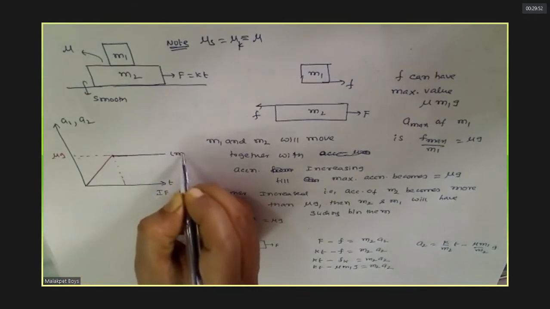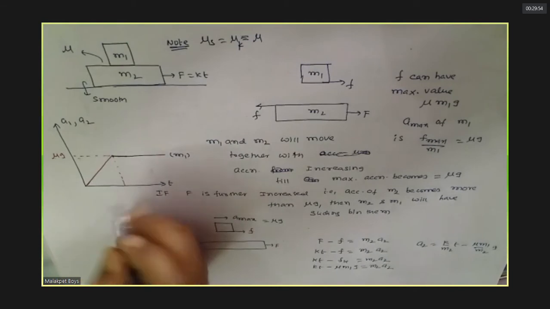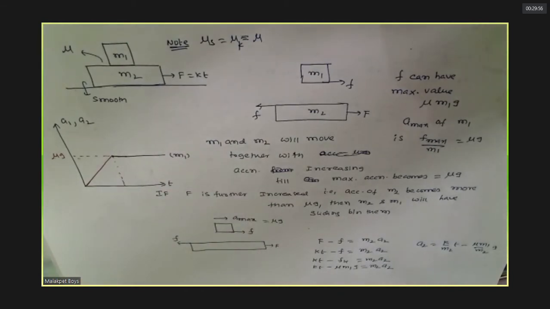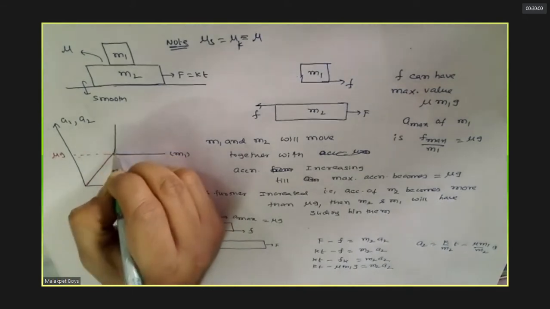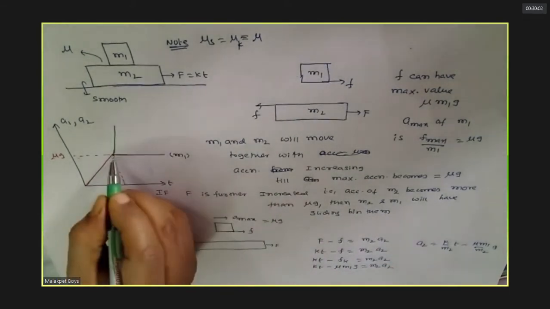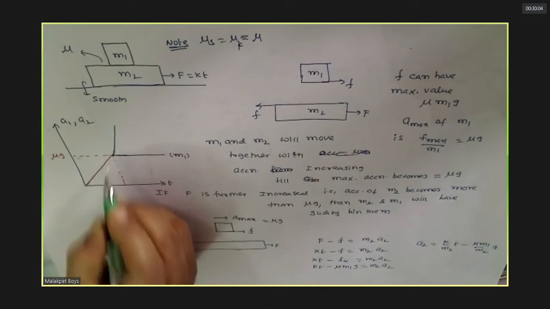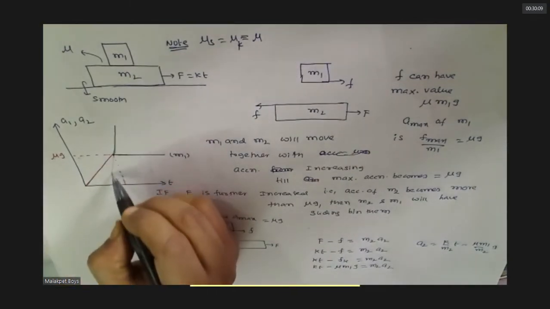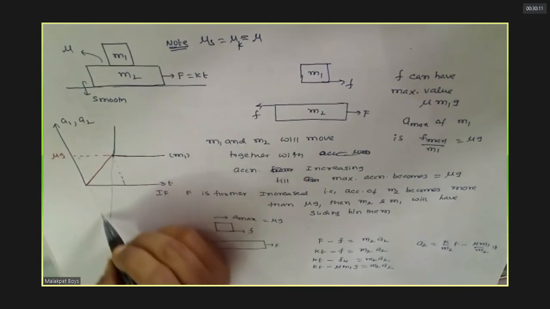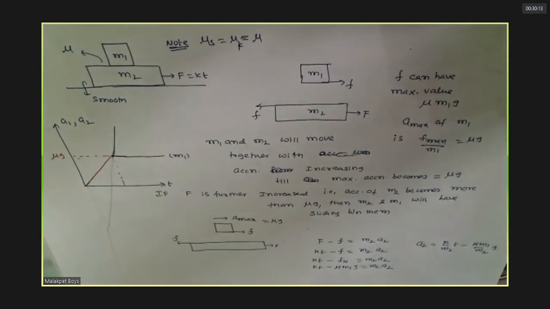This is for M1. Agreed. Whereas this will go like this now, because this is of the form mx plus c, no? Yes, sir. We extend the straight lines backward. Followed. So this is the negative intercept.